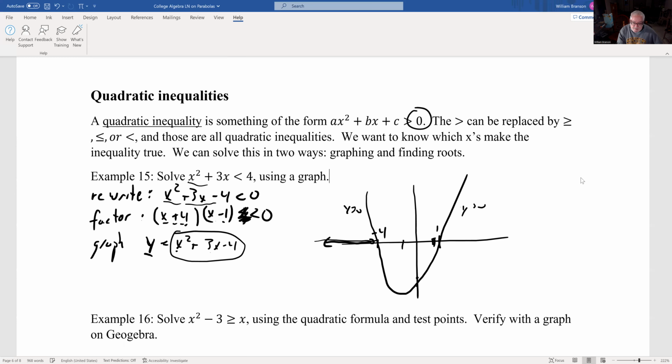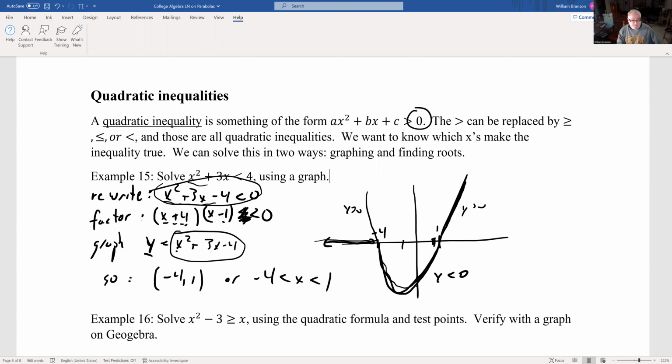In between, y is less than 0. So this is less than 0 when you graph it and it's below the x-axis. So the solution is the interval from minus 4 to 1, or minus 4 less than x less than 1.